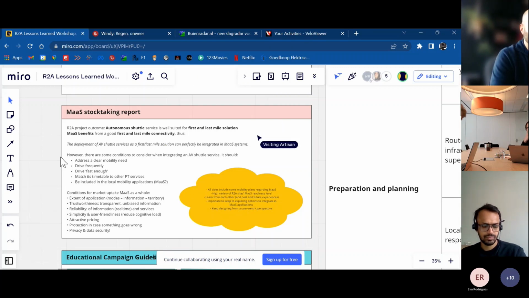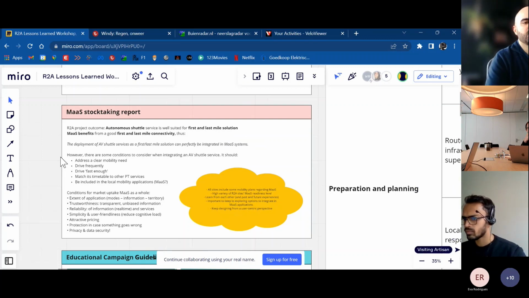But I stumbled upon the common denominator: the first mile solution is both very important in MaaS, and a perfectly suited application for shuttle services. So that's why I put in italic that the deployment of AV shuttle services as a first mile solution can perfectly be integrated in MaaS systems.